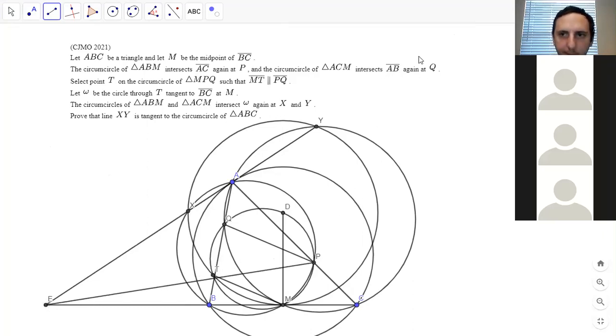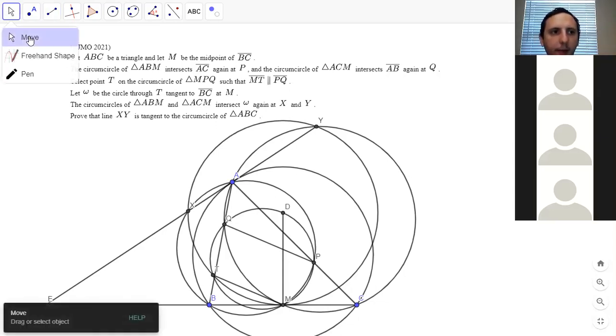No, that wouldn't make sense really. So it almost looks like P lies on AB.